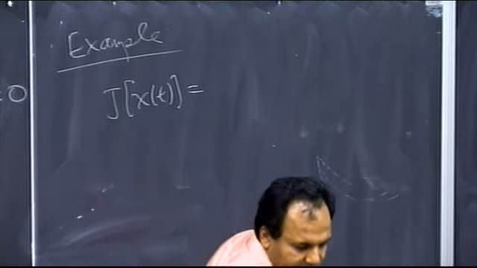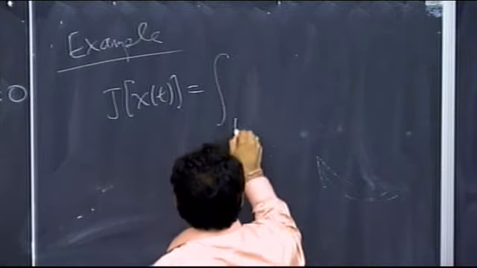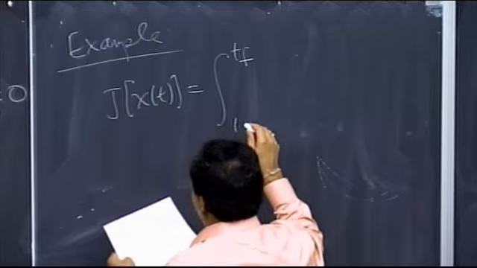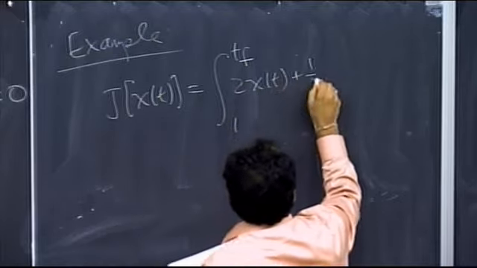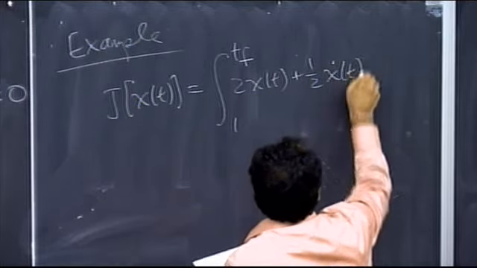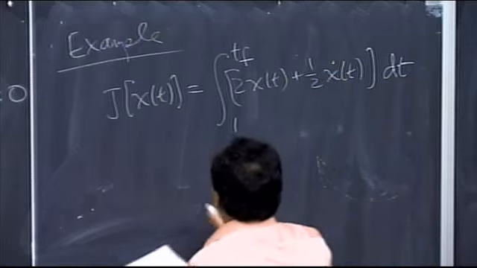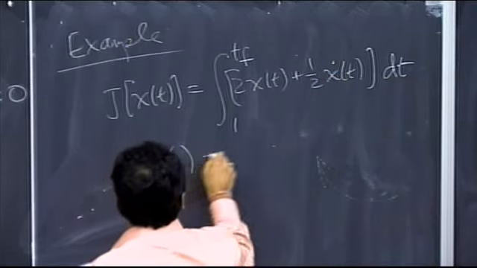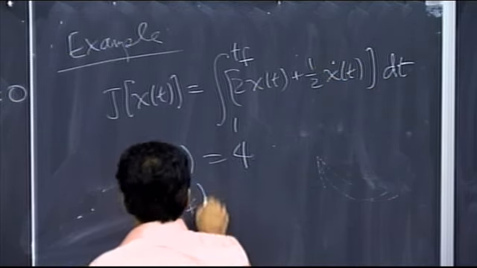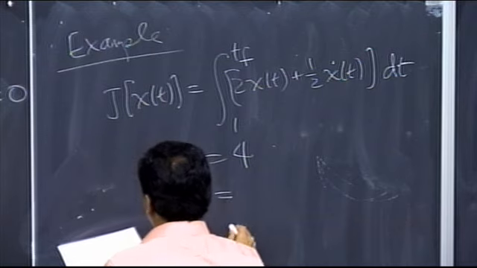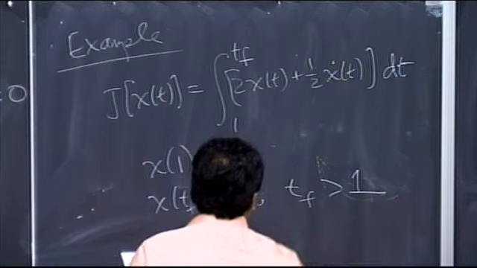So in this case, the cost functional is the integral from 1 to TF of 2x of t plus 1/2 x dot of t squared dt. And the boundary conditions are x at 1 is equal to 4, and x at TF is equal to 4, and TF has to be bigger than 1, okay?